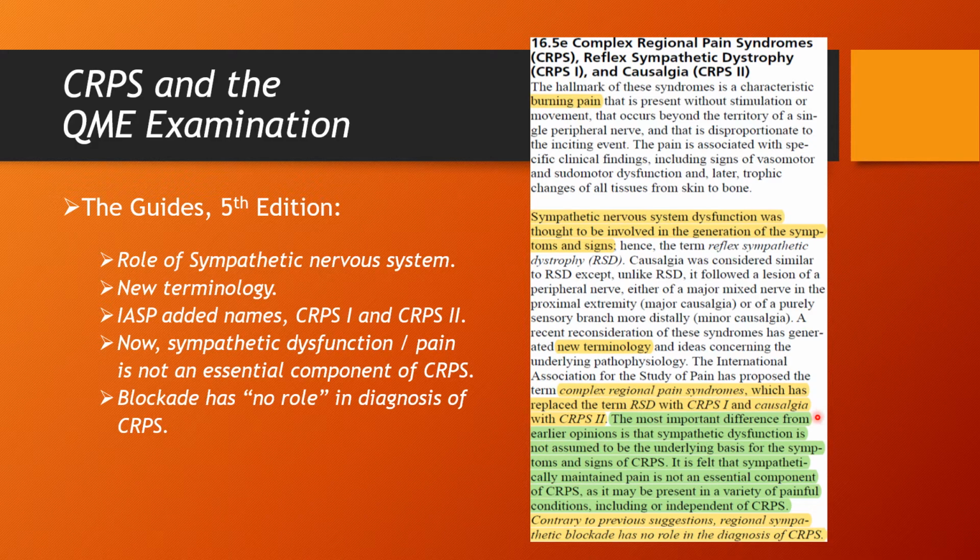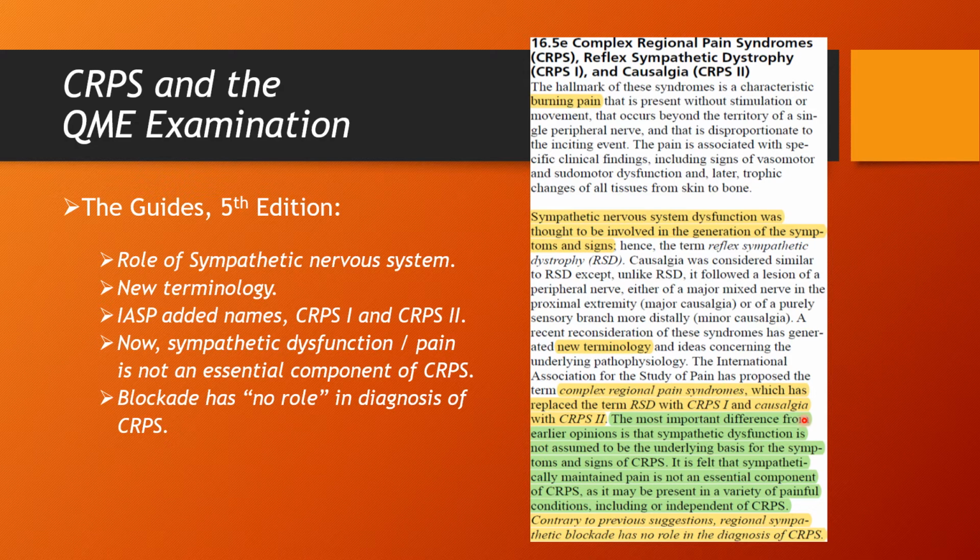We know that. Okay, the most important difference of the earlier opinions is that now they're saying the sympathetic dysfunction is not assumed to be the underlying basis for the symptoms and signs of CRPS. They conclude that sympathetically maintained pain is not an essential component of CRPS.